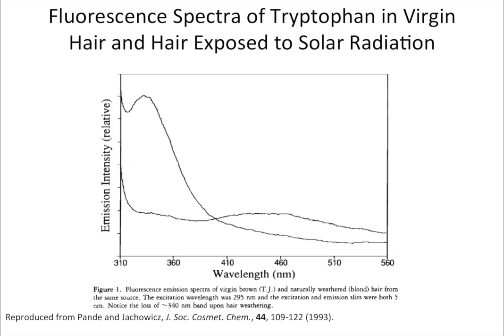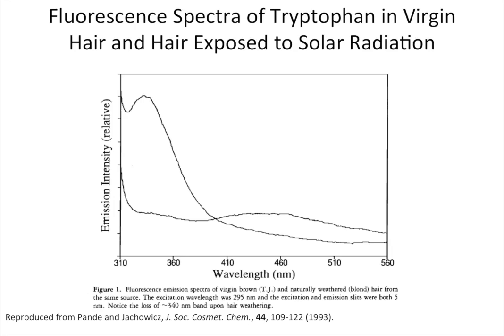Tryptophan absorbs light with a maximum of 285 to 290 nanometers. So it absorbs light in that region. So essentially what you're doing is you're shining light on tryptophan and it's absorbing it. It's basically capturing that light with the aromatic structure that it has.